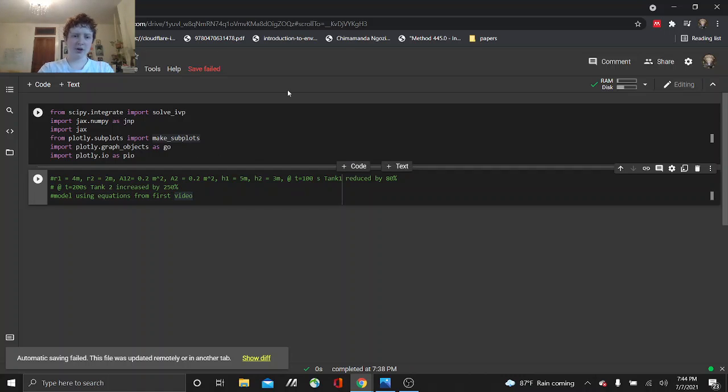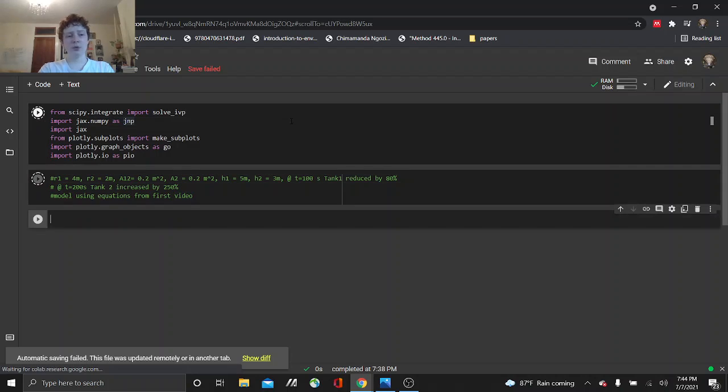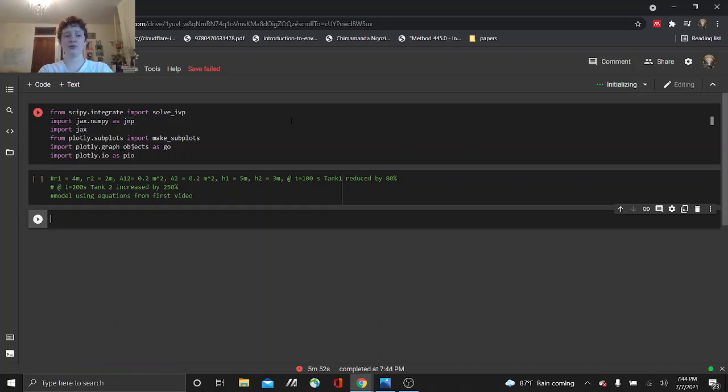So, with all this information, what we want to do is go in and solve for the initial flow rates with those initial steady state heights.